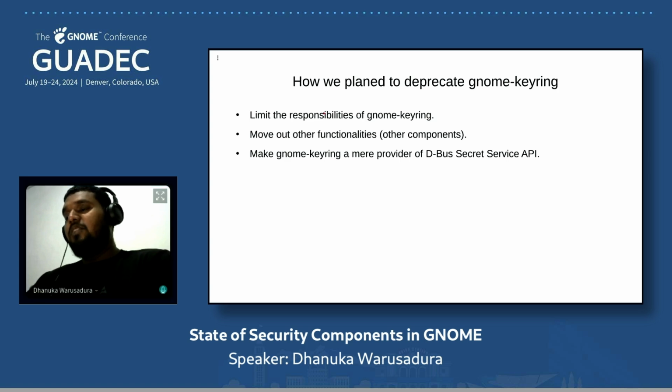So our goal is to make gnome-keyring just a mere provider of the secret service API. When we get gnome-keyring to this state, a mere provider of the dbus secret service, we can introduce a new service and entirely replace gnome-keyring from the desktop credential management ecosystem.